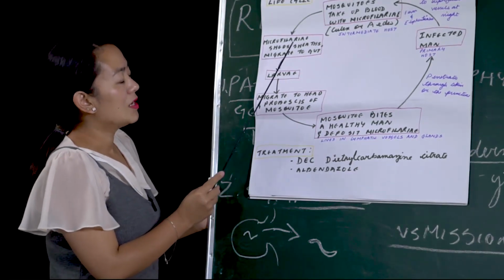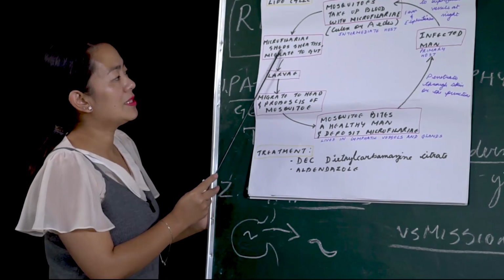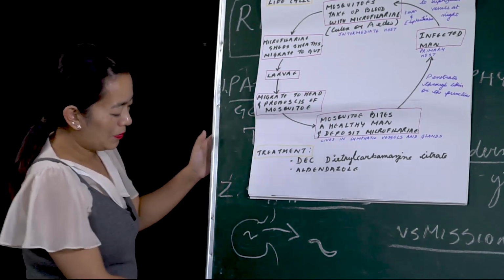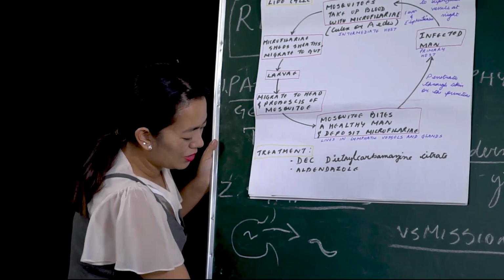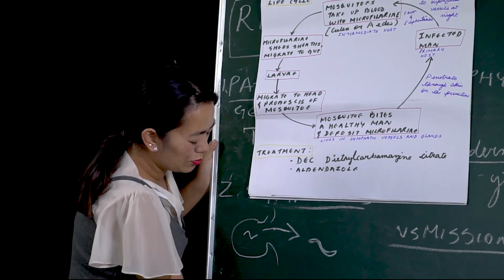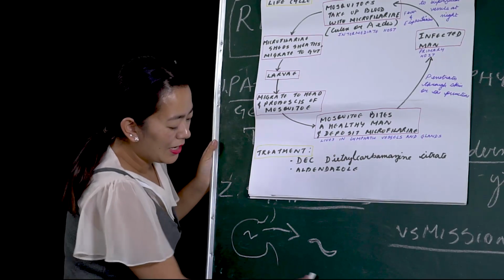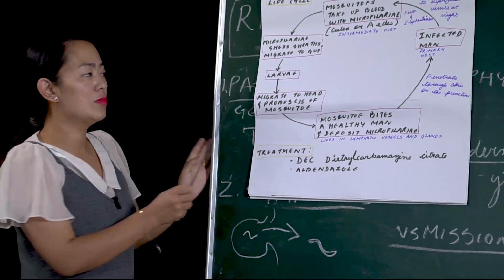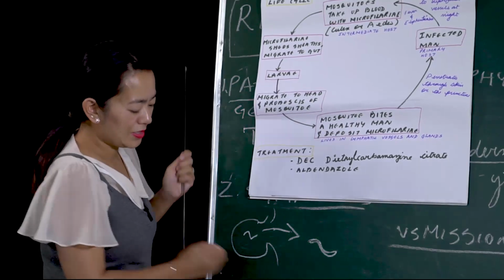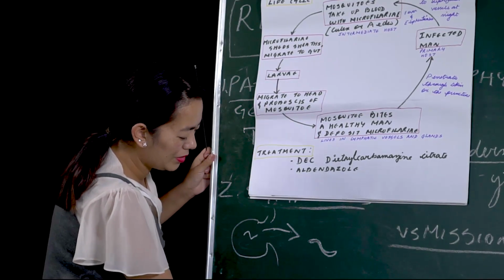There they will shed their sheaths, their outer cover, and then migrate to the gut. After it removes the cover, it will form a larva. This is the larva. Remember that.